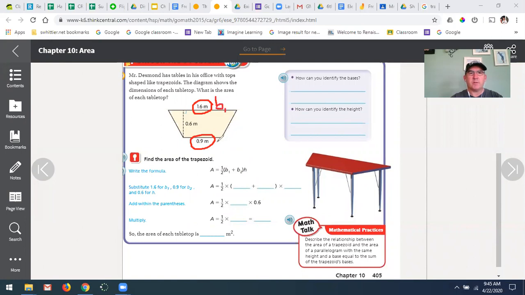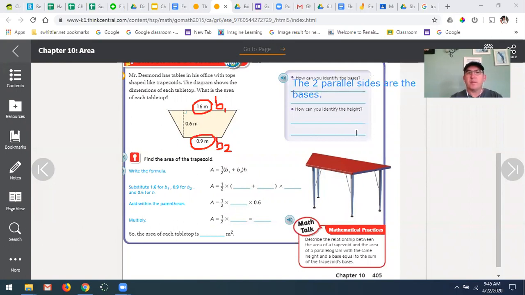It doesn't matter which one is B1 or B2 as long as you find the two bases. So if we answer this question, how can you identify the bases? The two parallel sides are the bases.